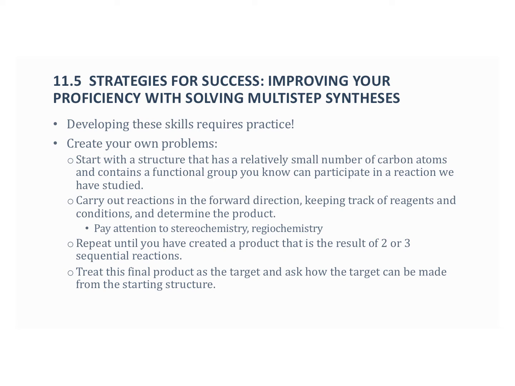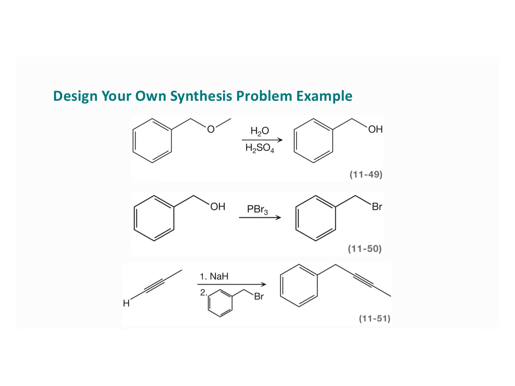Now, I've written these things here for you, but I want to show you kind of what that looks like. So let's say you're going to start with this, and you're like, well, what reaction do I know that this can undergo? Well, I know that I can react it in water and an acid and take the ether and form an alcohol.